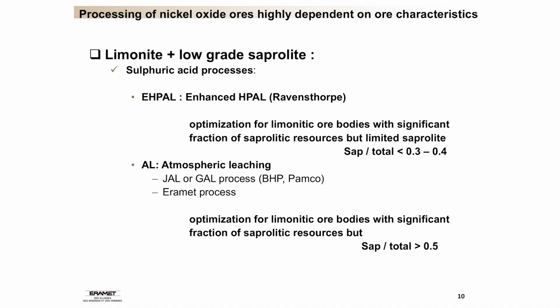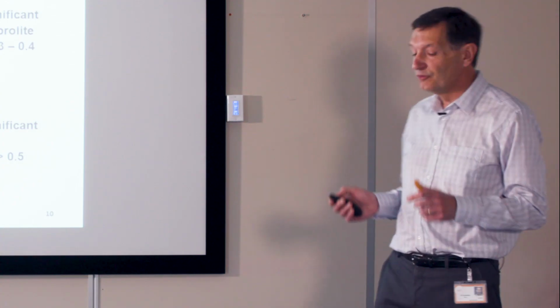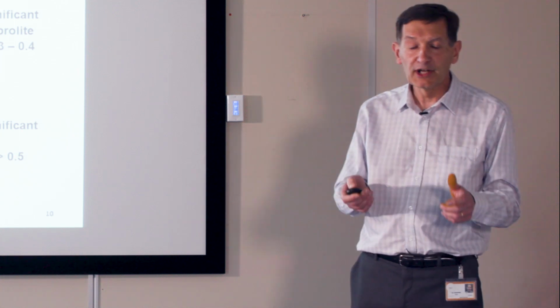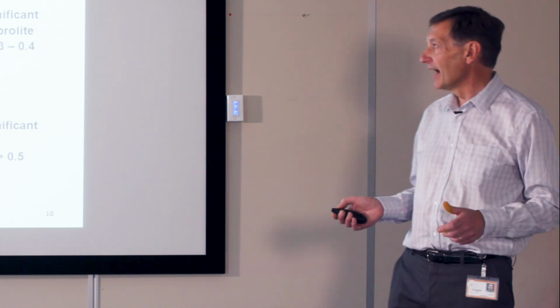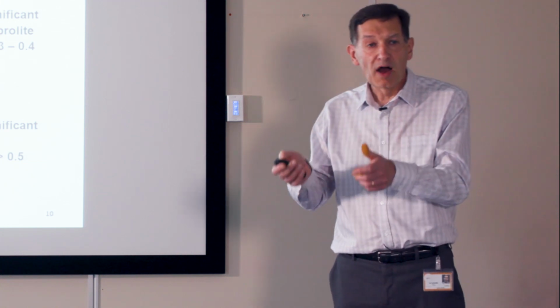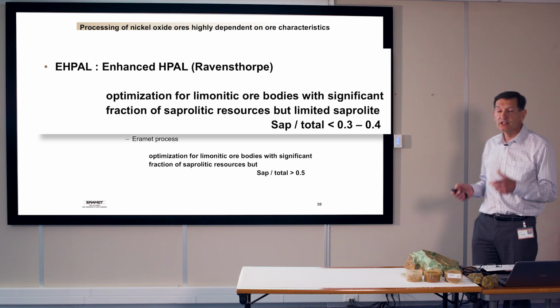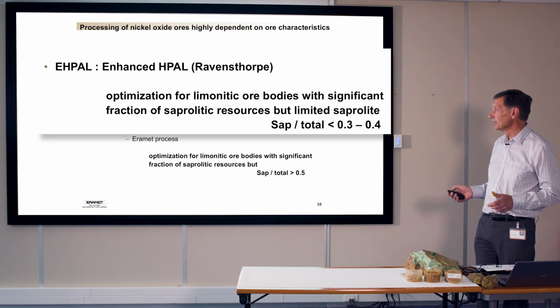You can treat also a mixture of limonite and low-grade saprolite by sulfuric acid processes, with an optimization. First, you treat the limonite in an autoclave at high pressure, and then you can add some part of saprolite, but this kind of process is limited in quantity of saprolite.